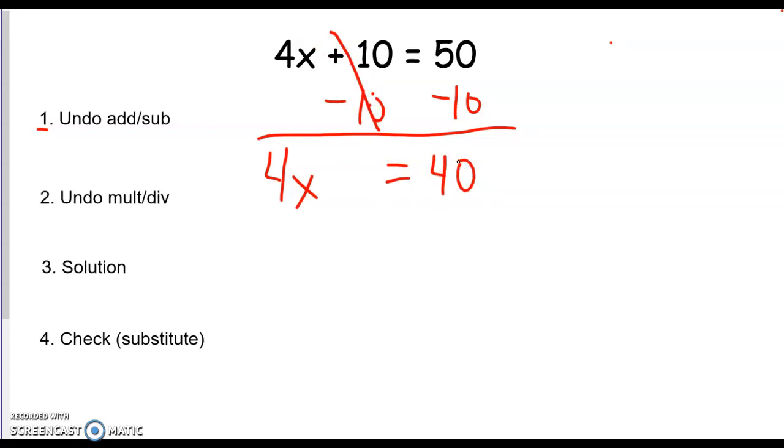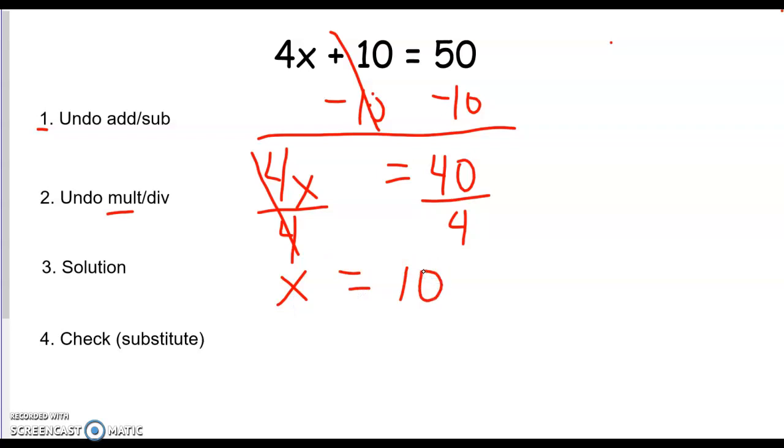Okay, and then I undo, in this case, the multiplication. The opposite is division, and I'm going to show it this way. I'm going to divide by 4 because that's the coefficient. I have to do the same thing on the other side. Well, 4 divided by 4 is 1, so that leaves me with x. 1x is x, equals 40 divided by 4 is 10.